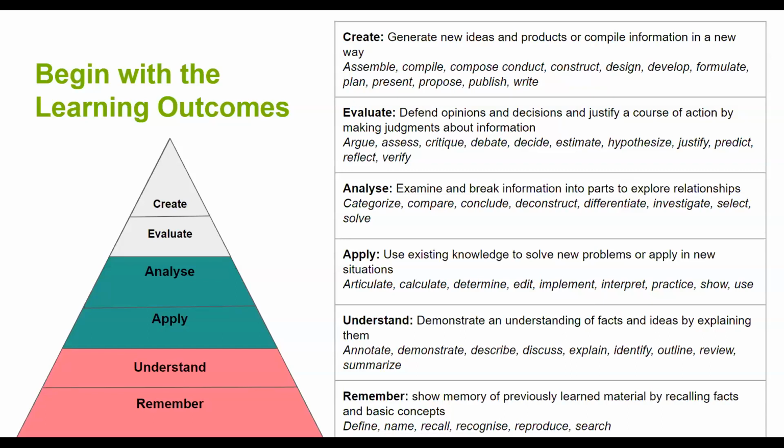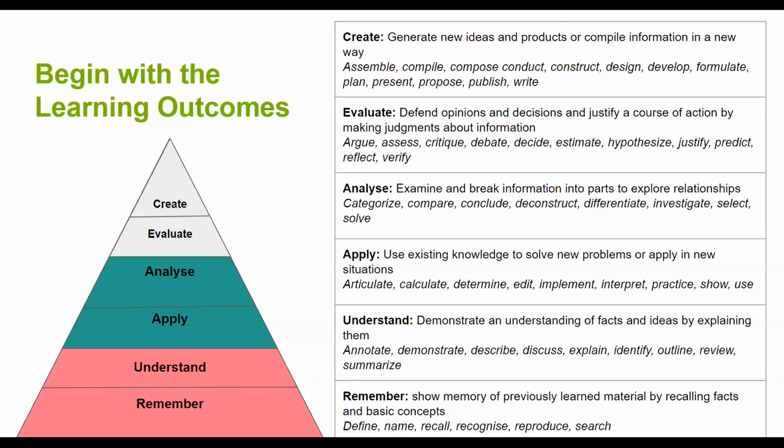Bloom's is a framework that scaffolds learning outcomes in levels of complexity and specificity. These go from lower order learning to higher order learning, and they're divided into 6 major categories from least complex to most. They start with remember, understand, apply, analyze, evaluate, and create.